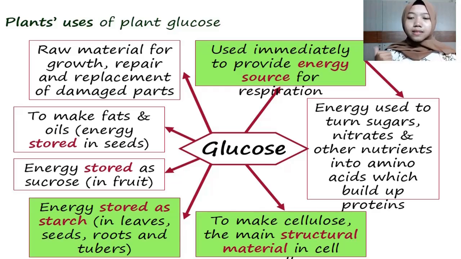Glucose is used to make cellulose, the main structural material in cells. Glucose is used immediately to provide energy source for respiration. This energy is used to turn sugars, nitrates and other nutrients into amino acids which build up proteins.